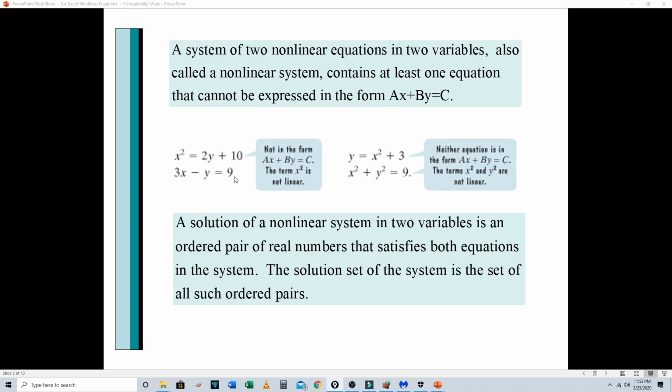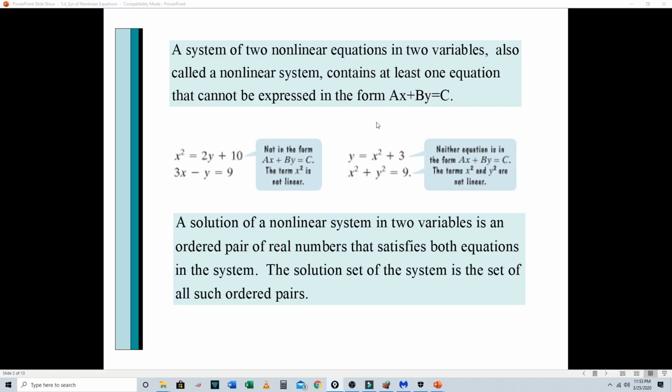One, we can use the elimination method, and one, we can use the substitution method. If I wanted to, I could try to eliminate this y. Unless it's automatically set up for elimination, my go-to method is substitution. It seems easier to me. We're going to do both and do some examples.